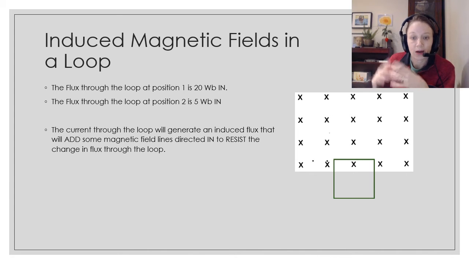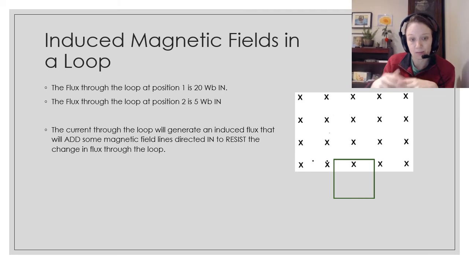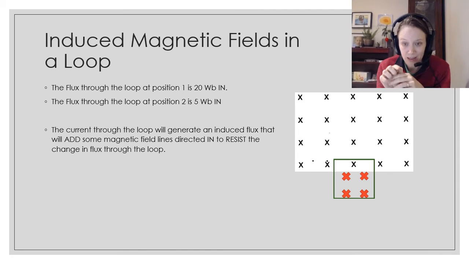In order to counteract it, Lenz's law says that there's going to be some current that starts flowing in the loop, and the current flowing in that loop is going to try to resist the fact that my magnetic field went down. It's going to add some magnetic field back in to resist the change of flux in the loop, right?